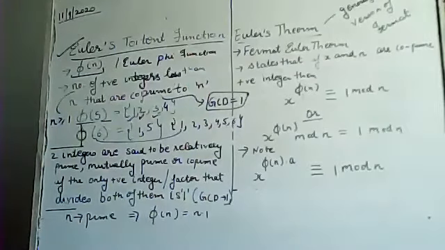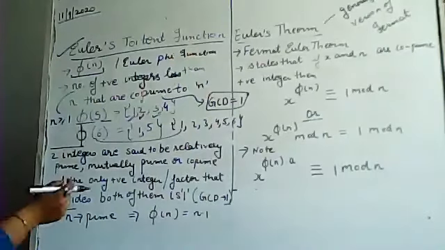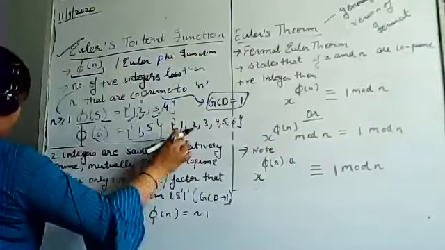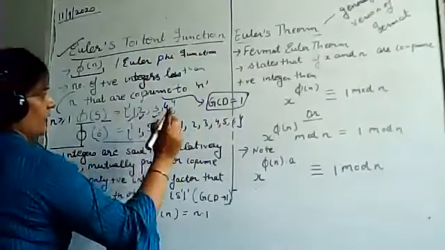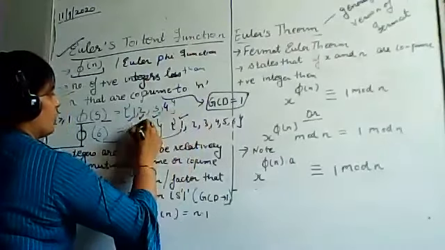I will give you one piece of advice: after the completion of this topic, you calculate the greatest common divisors yourself, because we don't have so much time that I can calculate each and every part. I am just describing how these values are coming. When we calculate the GCD between 6 and 1, we have the value 1, so that number is included.